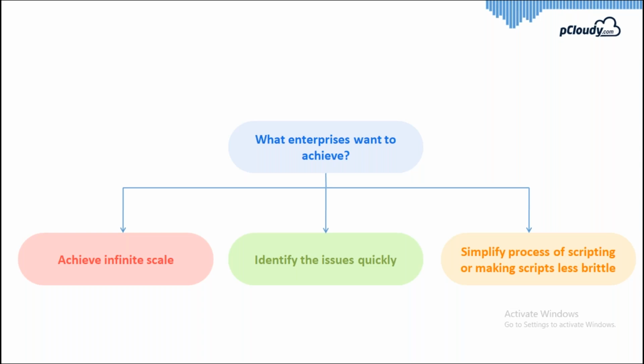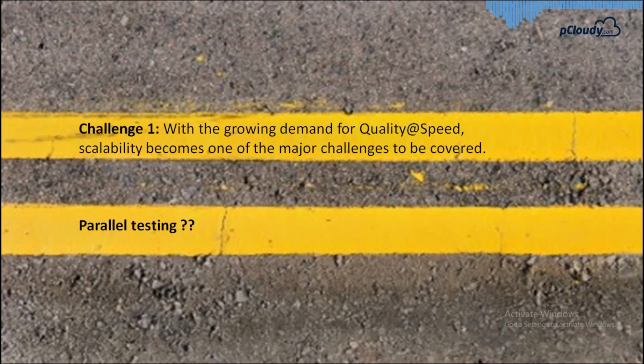So here we are talking about achieving infinite scale, identifying the issues quickly, simplifying the process of scripting, or making the scriptless brittle, right? So these are a couple of key challenges which we are seeing in the industry. So we will actually go through each and every challenge quickly here and see if there are ways to handle this through pCloudy, right?